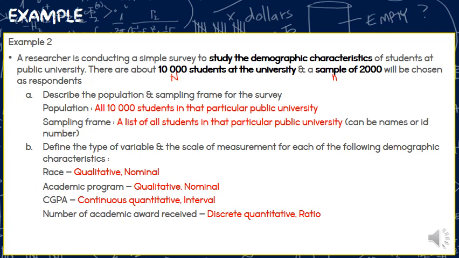Sampling frame pula apa? Sampling frame is a list of all of all apa? Of all element in the population. So, kita salin balik jawapan population tadi. A list of all, you boleh tambah 10,000 student in that particular public university. And bagilah contoh.